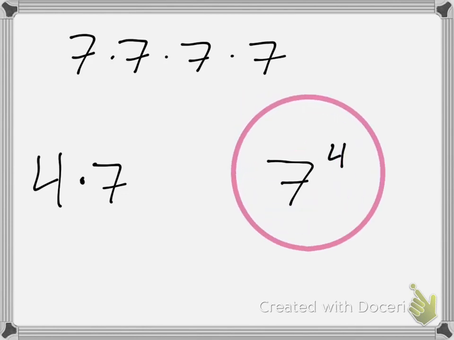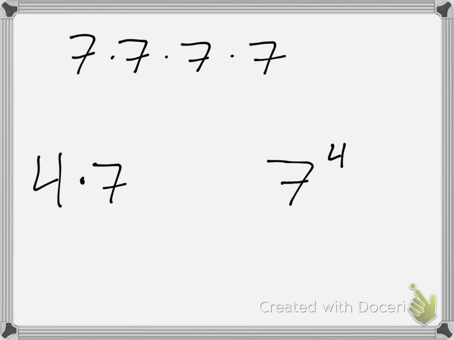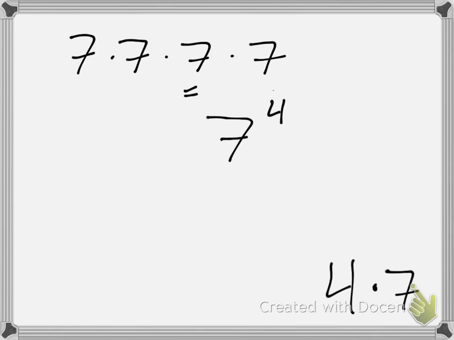Hey, but now you're thinking, okay, that 4 times 7, that's got a good ring to it. When we see 7 to the 4th, we're doing repeated multiplication. When we're doing 4 times 7, it's just repeated addition.